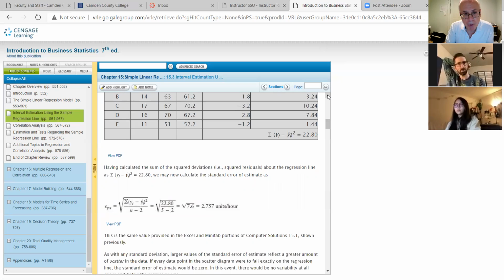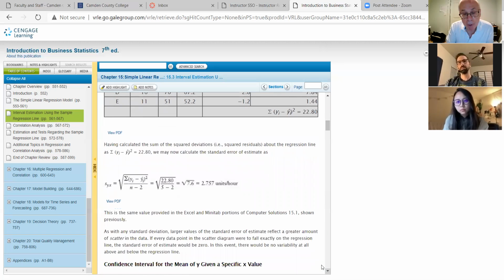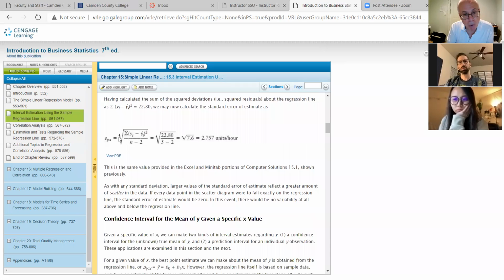All right. So for a regression, the standard error is going to look different than for a sampling distribution for one variable. Completely different calculation. Now, based on this standard error, you can come up with a confidence interval for the mean of y given a specific value of x.